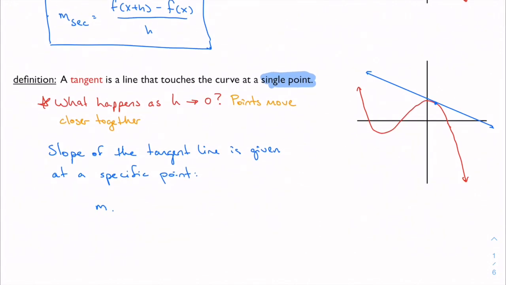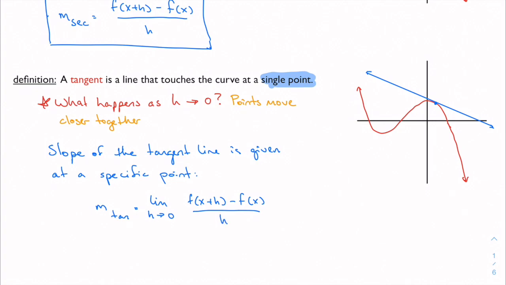I'll use m tan just to set it apart, as the limit as h approaches 0. So here's my limit again of what just looks like the secant line slope formula: f of x plus h minus f of x, divided by h.